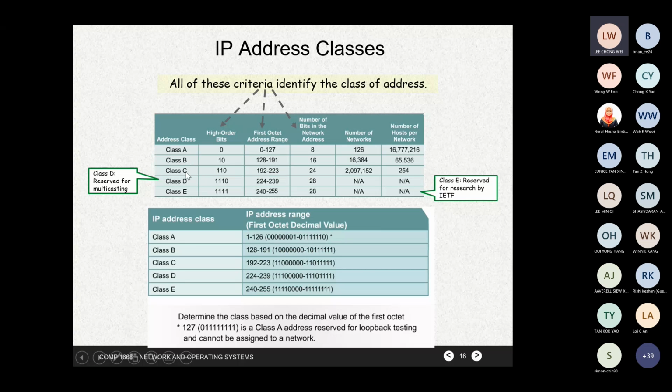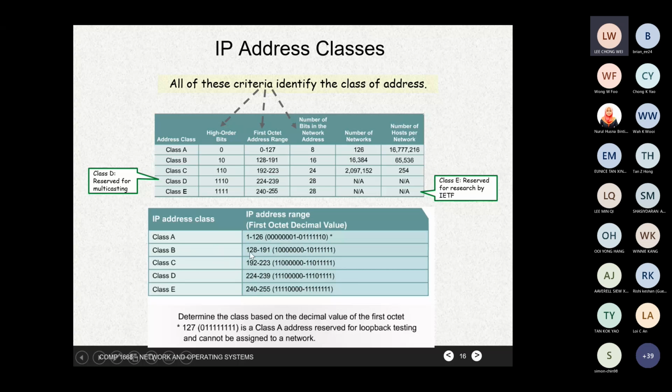When it starts with 0, it is class A. When it starts with 1, 0, it is class B. When it starts with 1, 1, it is class C. But normally, like I said, we don't see the IP address in this format. We see the IP address all in numbers. So when you see numbers 192 dot something, you know it is class C.